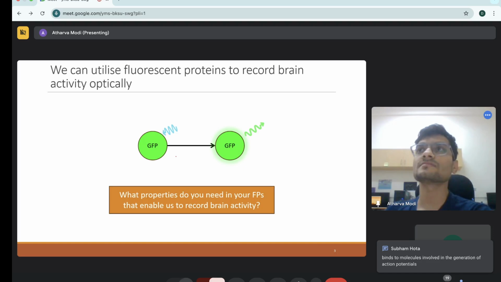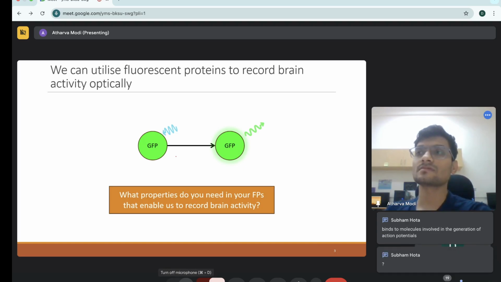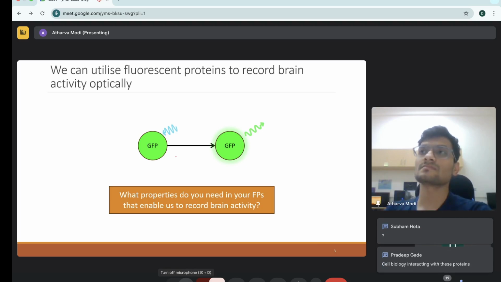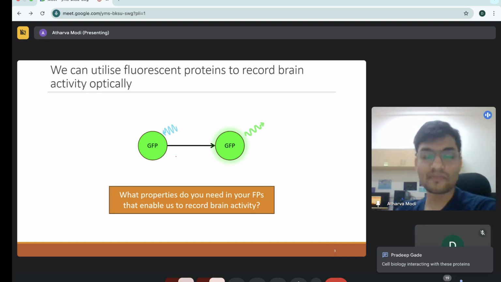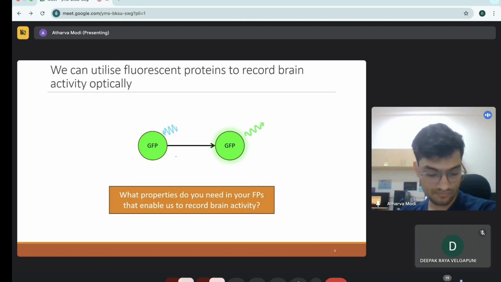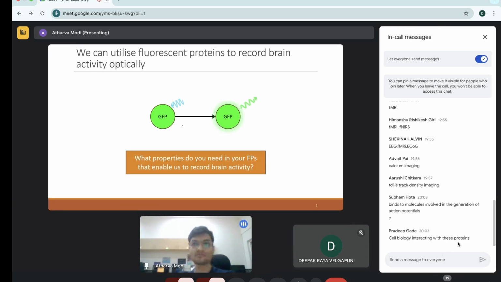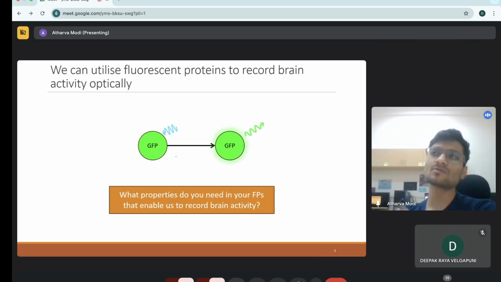Okay, someone, Shubham Hota, says it binds to molecules involved in generation of action potentials. Yes, exactly. It should bind. That's one thing necessary. But this interaction should result in some change in the output here, so that this measure somehow depends on the thing that we want to measure.